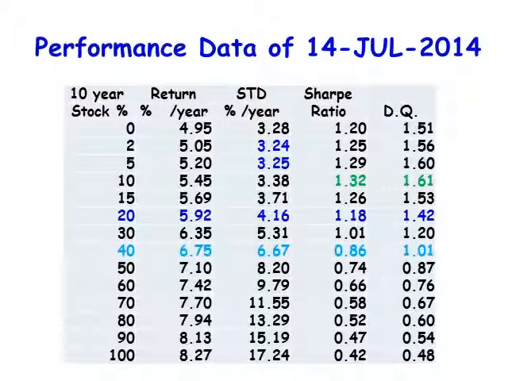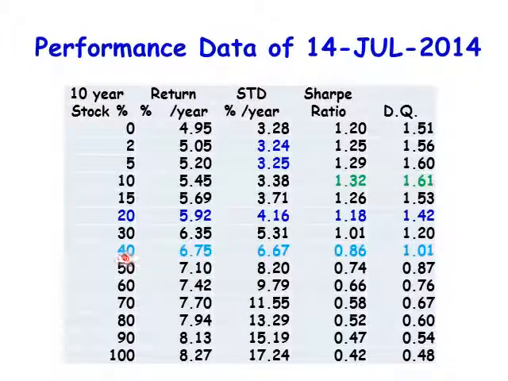Here's the 20% portfolio. This portfolio, I read someplace in a portfolio book, is the least likely to lose money in any calendar year. And for 20% allocation, I can still get a 5.92% per year return based on a 10-year growth chart, and standard deviation was 4.16%.